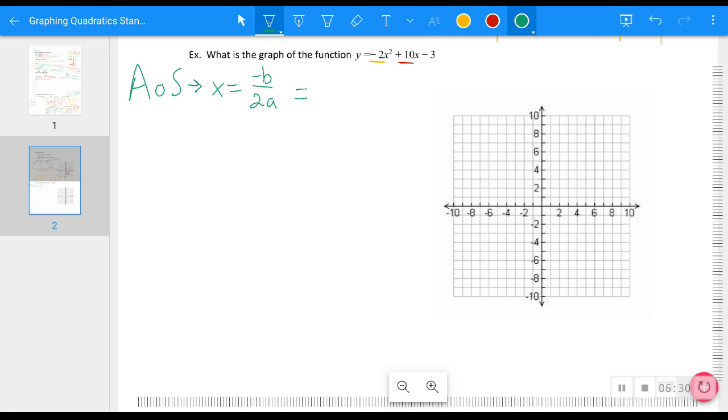So if we go back in, we have negative 10 over 2 times negative 2. Then if we simplify that, negative 10 over negative 4, we should get 5 halves.